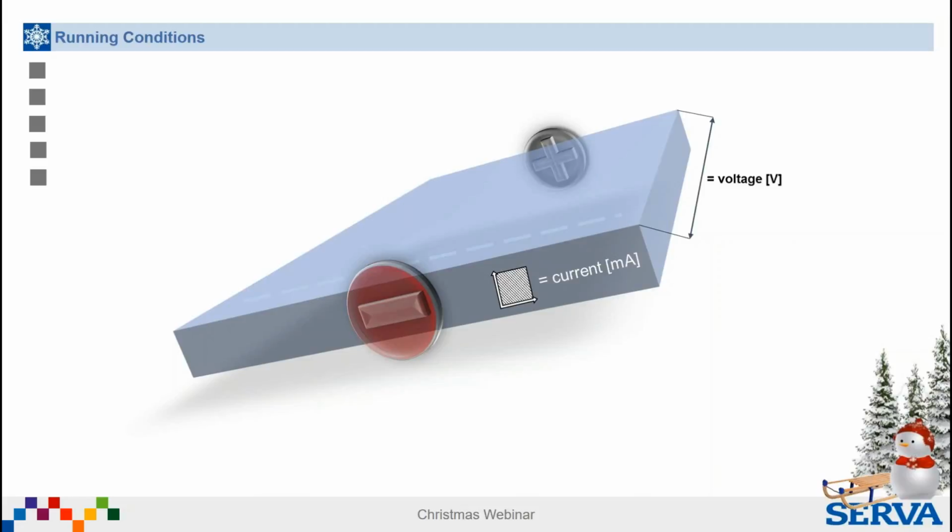Why is it not running like always? Normally I have 30 minutes and now I need more than 1 hour. Well, this is the reason. You forgot that your area has doubled. So then you should double your current.